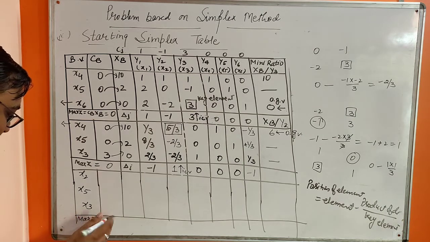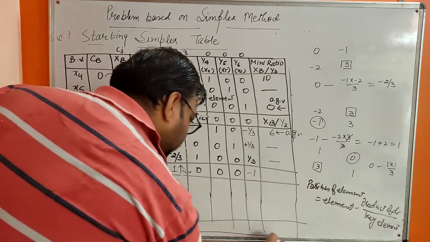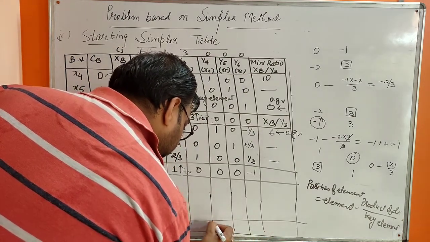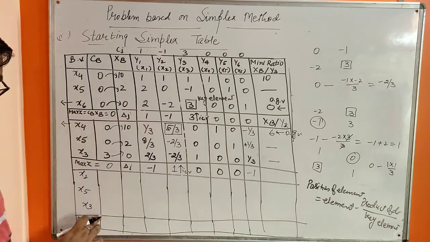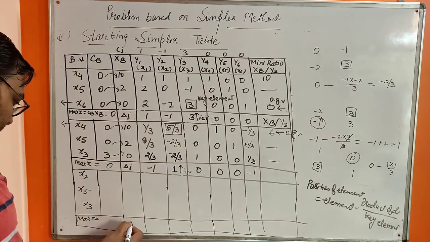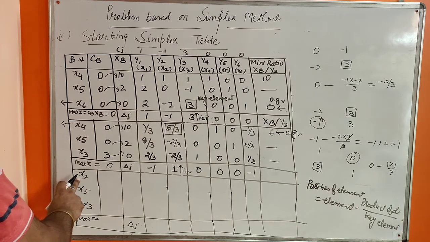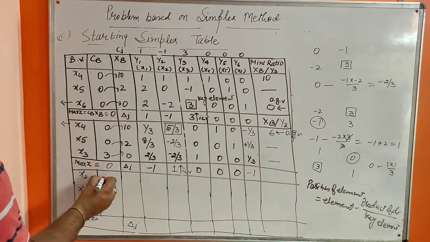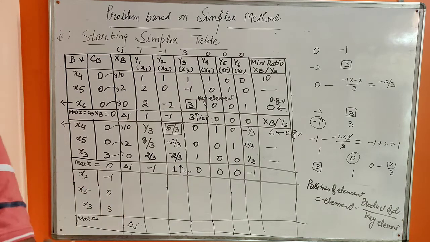Max z. This is delta. Now put the cost variable. The cost of x2 is minus 1. The cost of x5 is 0. The cost of x3 is 3.